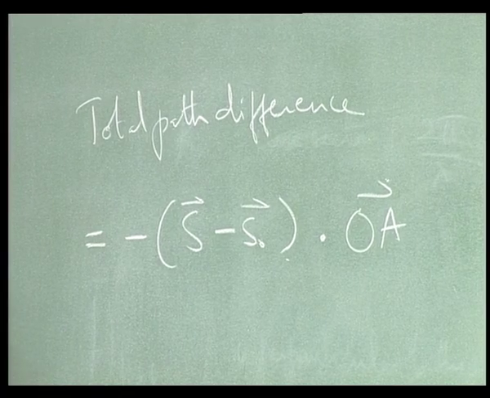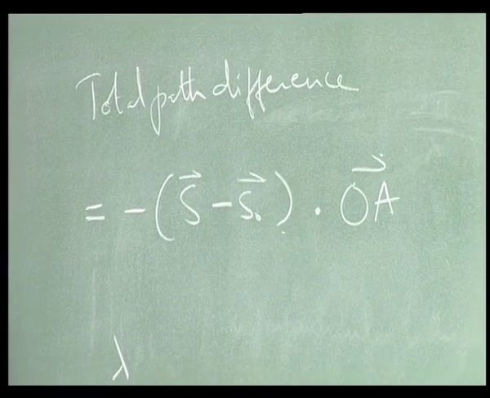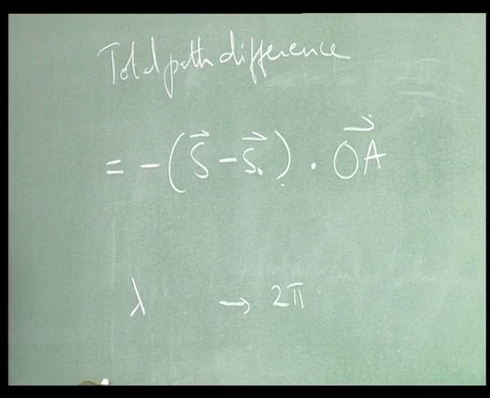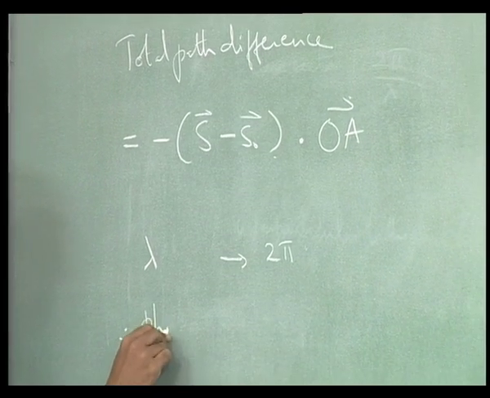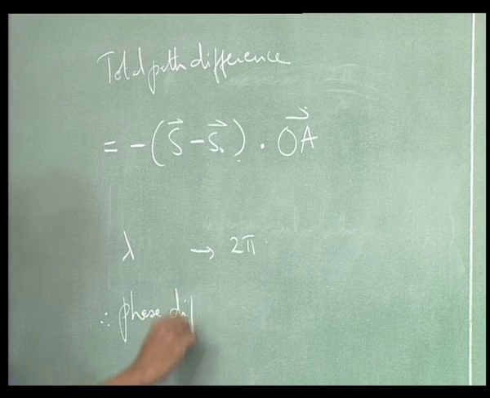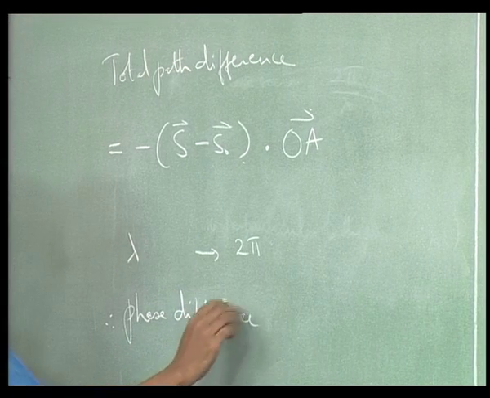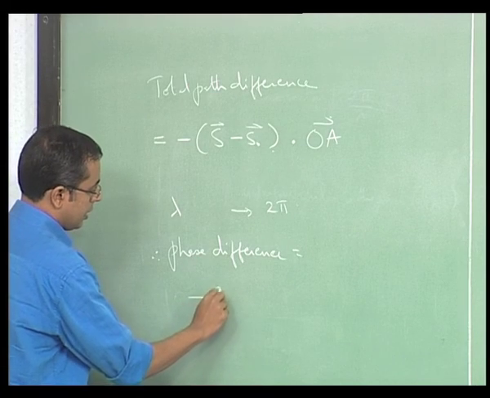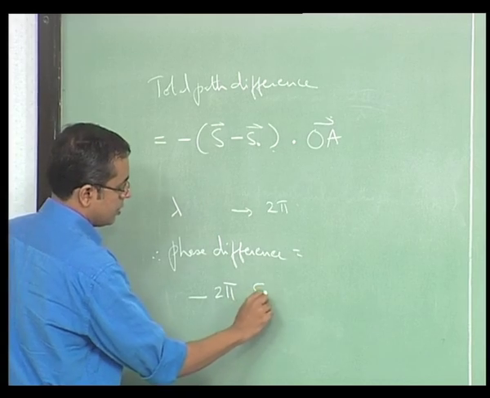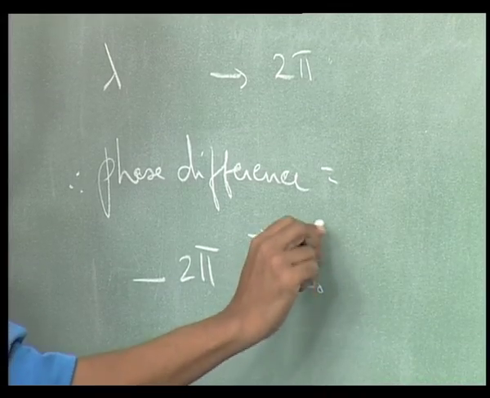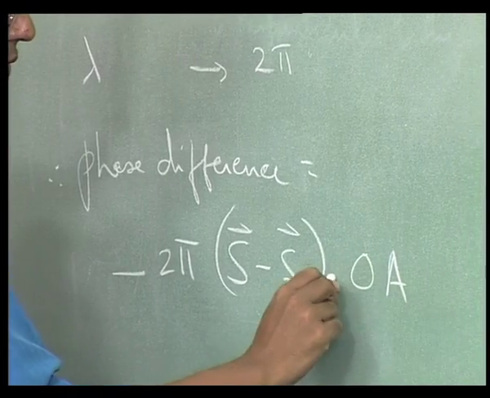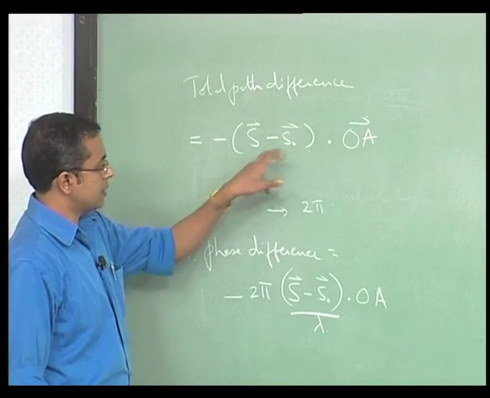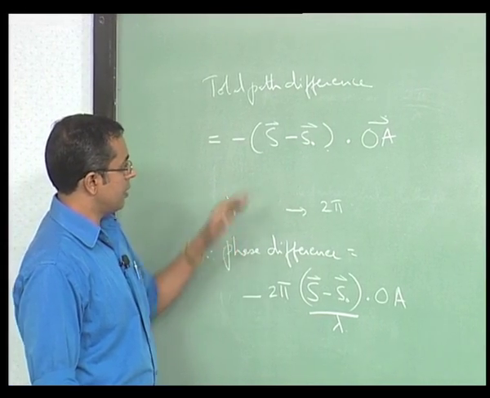Now we basically say that a path difference of lambda is a phase difference of 2 pi. So to get this path difference, the phase difference is equal to minus 2 pi into this quantity.